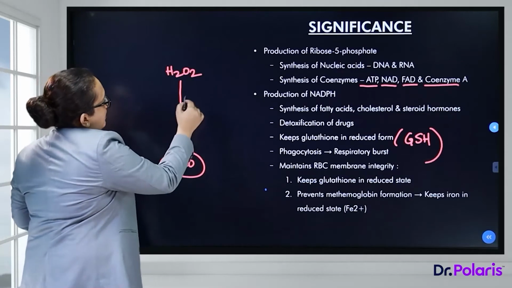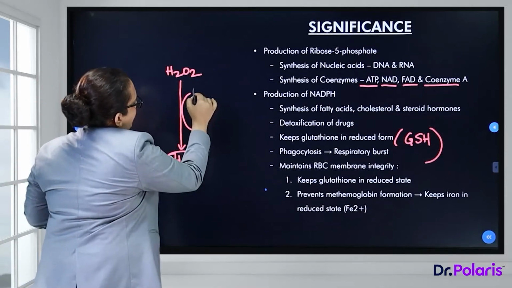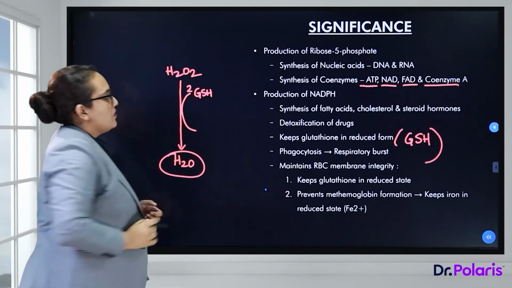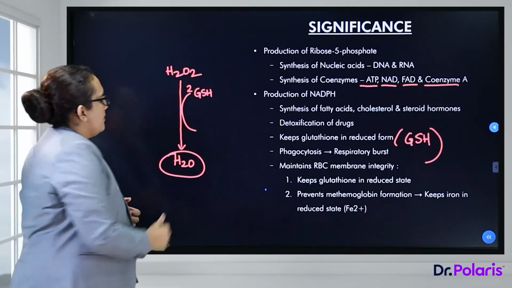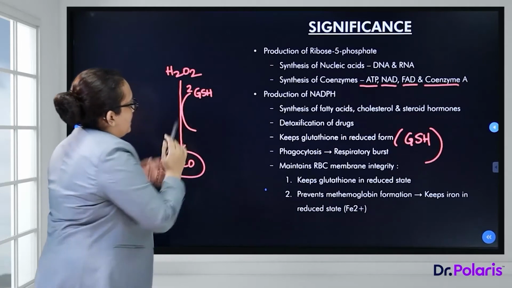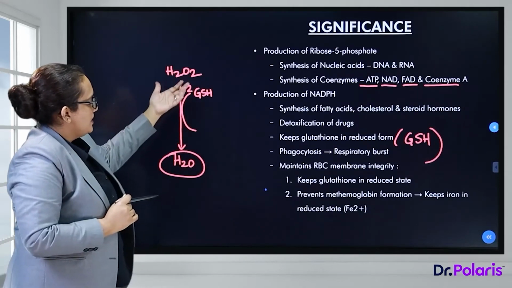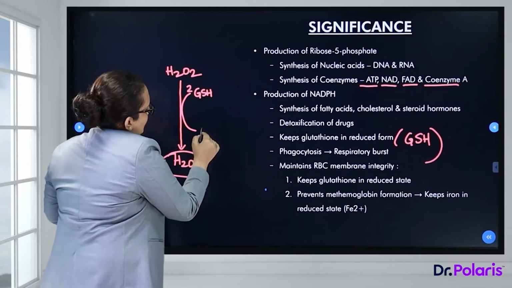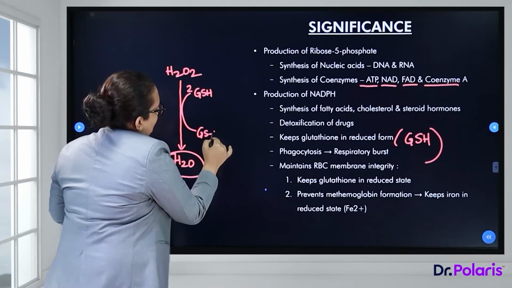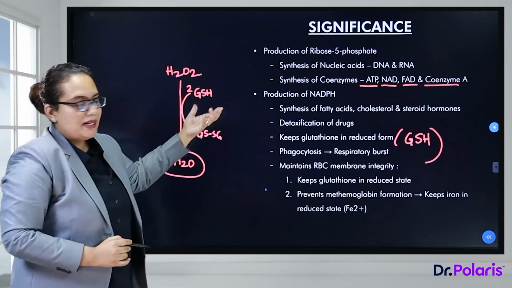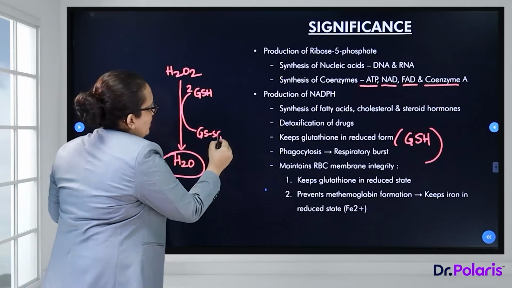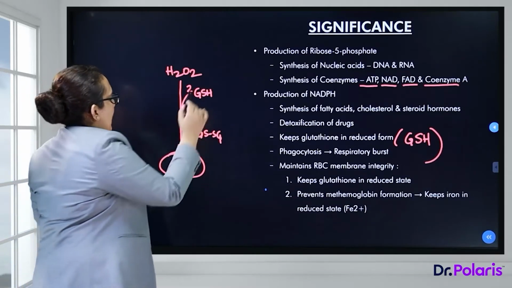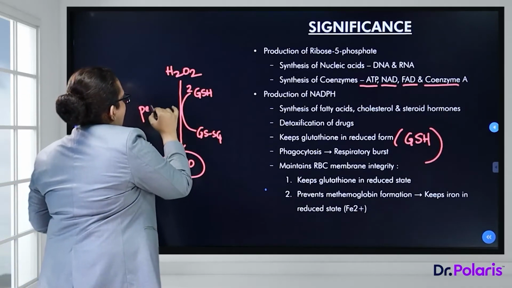You need reduced glutathione, I'll write it as GSH. 2 molecules of reduced glutathione are required. Because of the reduced glutathione, hydrogen peroxide gets converted to water and glutathione gets converted to its oxidized form, often denoted as GSSG. The enzyme required for this is peroxidase.